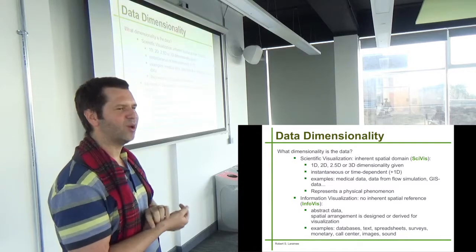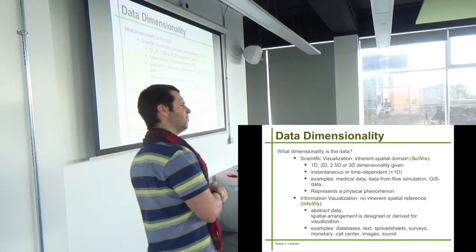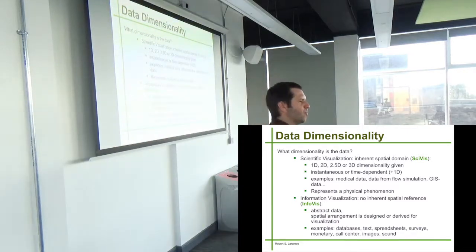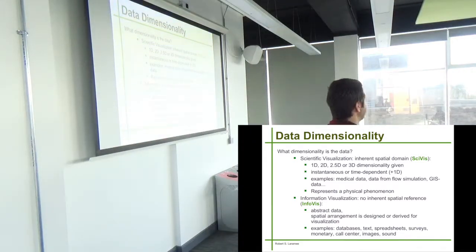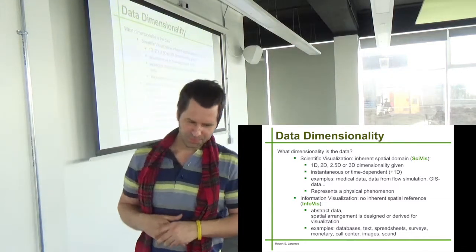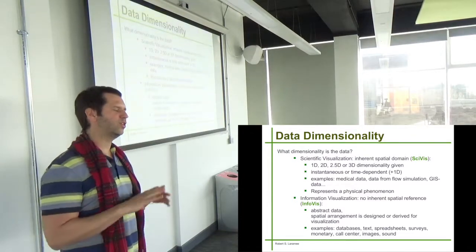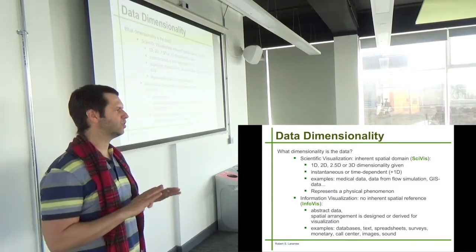2.5D, there's a tricky one. Any ideas what 2.5D could be? That's a pseudo-dimensionality. It's not a real dimensionality. It's kind of a shorthand way of referring to surfaces in 3 dimensions.